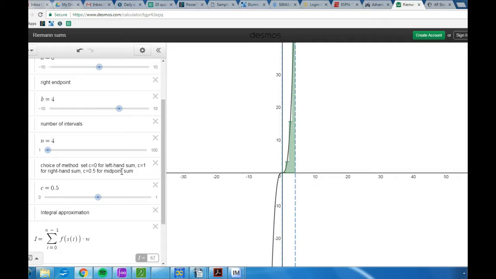The first 4 problems are LRAM. Next 4 I think are RRAM. Then trap, and then MRAM. So I had the order wrong. It might freak people out. First 4 are LRAM. What are the next 4? The next 4 are midpoint. The next 4 are right. The last 4 are trap.